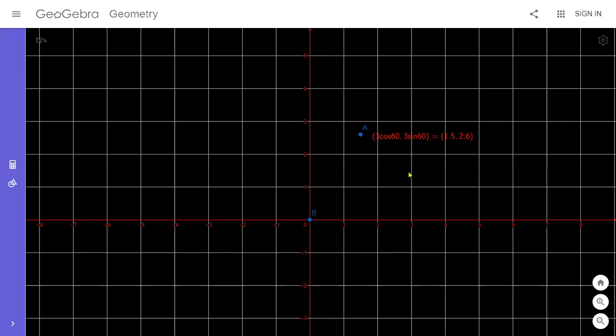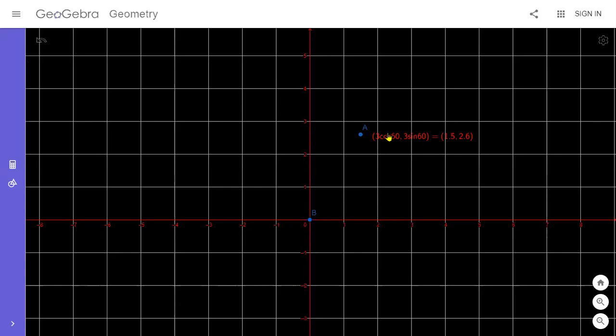Let's count the horizontal movement first. 1, 2. This point A lies exactly between 1 and 2, so 1.5. It is exactly correct. And let's count the vertical movement, 1 unit, 2 unit, 3 unit. It lies between 2 and 3, so 2.6 here.